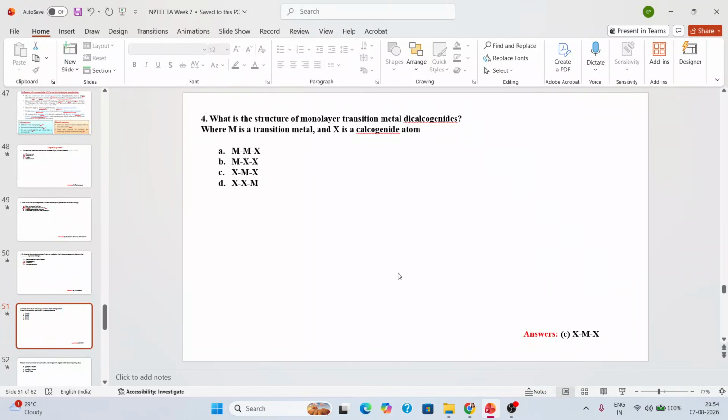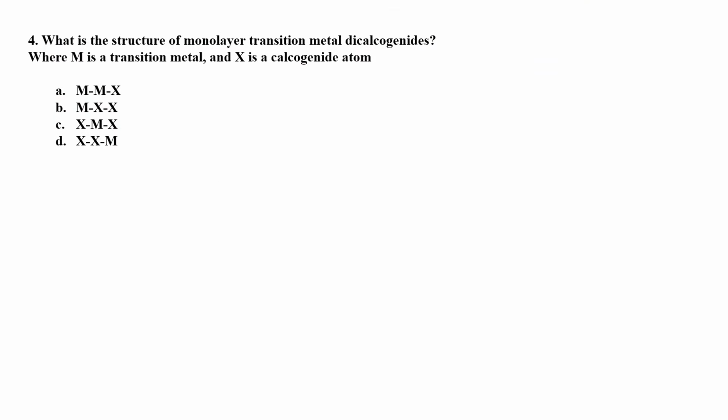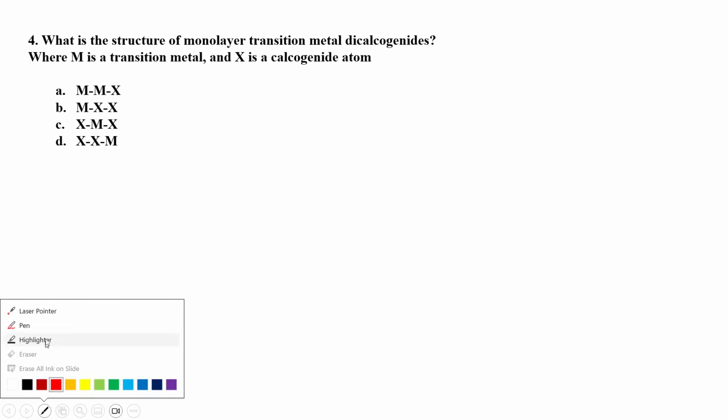A. Okay. No, A is not the right answer. Let me explain. Dichalcogenides are basically two chalcogen X and one monolayer transition metal.